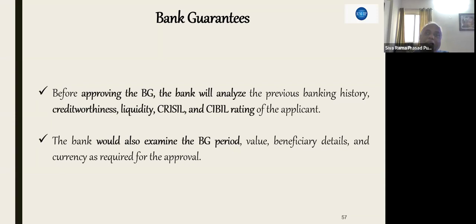Before approving the bank guarantee, they will analyze the previous banking history. Because once he is having working capital, how is this? But we are talking about CIRP, where the previous banking history is not up to the mark. It is a defaulted company.